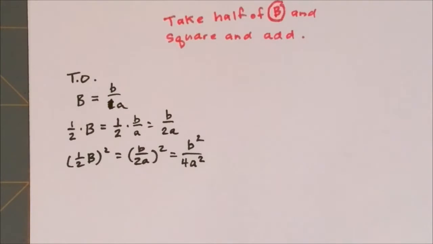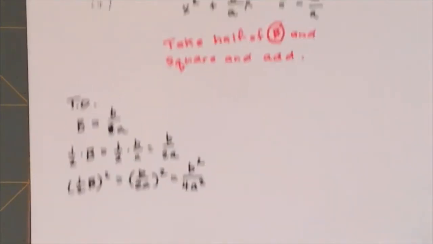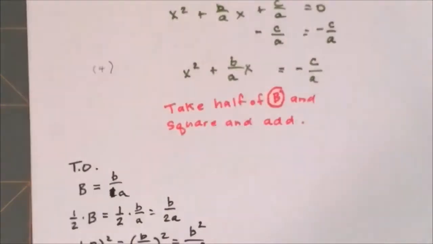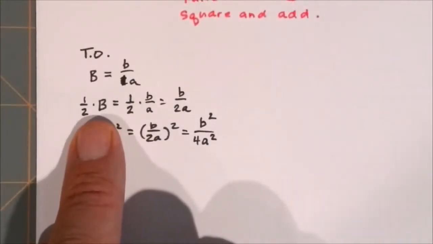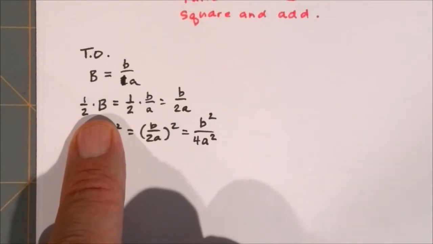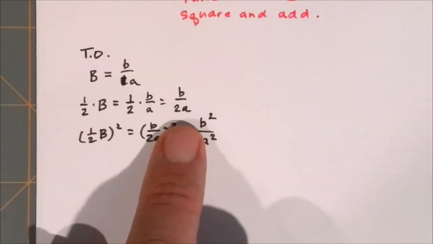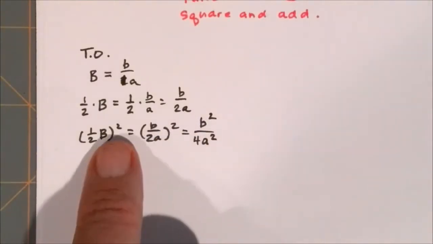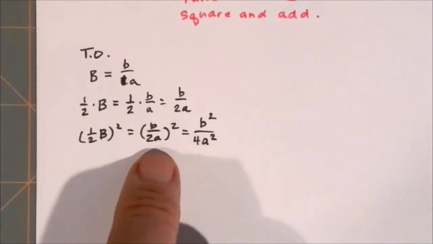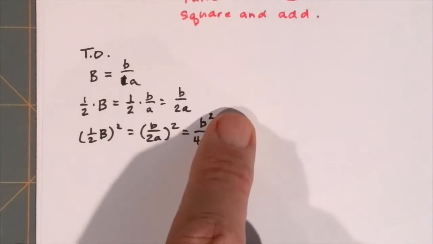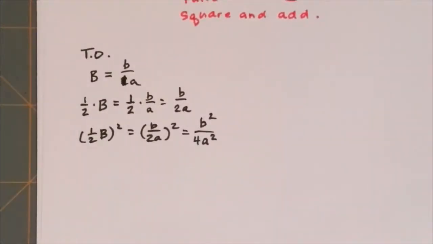So my timeout is I have B equals B over A. So that's what B was in the state of my thing. And then I take half of B, of is times, half times B over A is B over 2A. And then half of B squared would be B over 2A quantity squared, which is B over 2A times B over 2A, which is B squared over 4A squared.